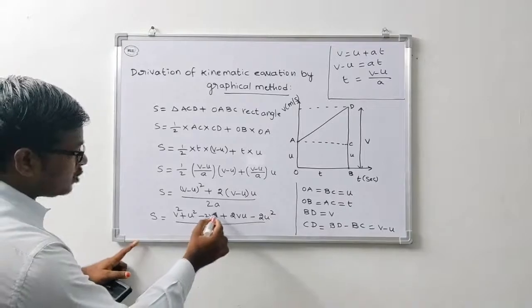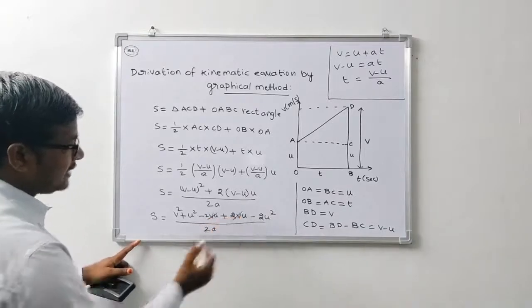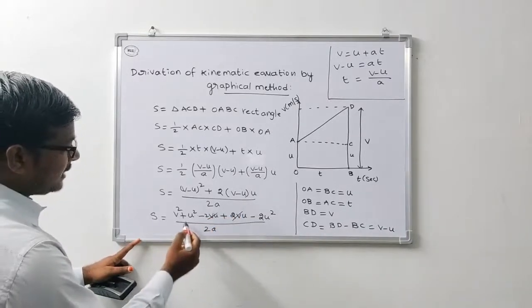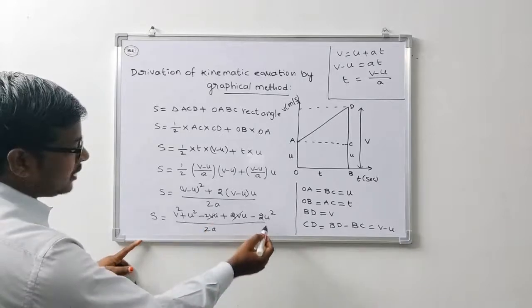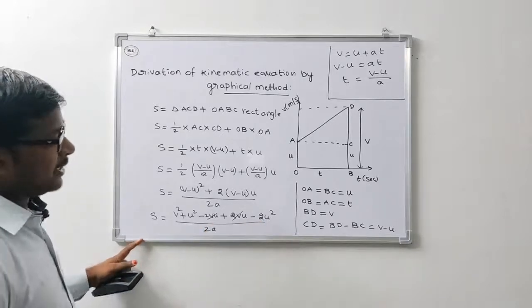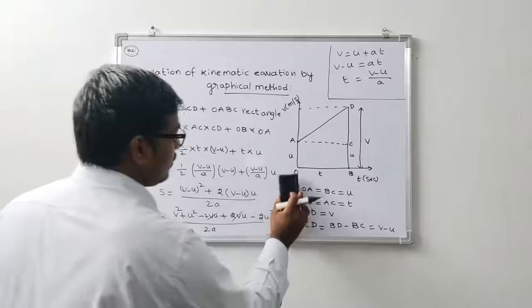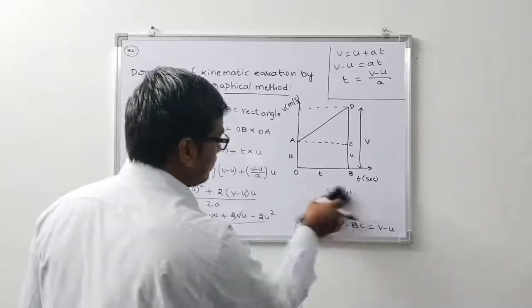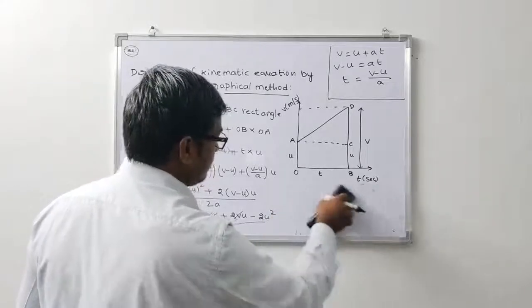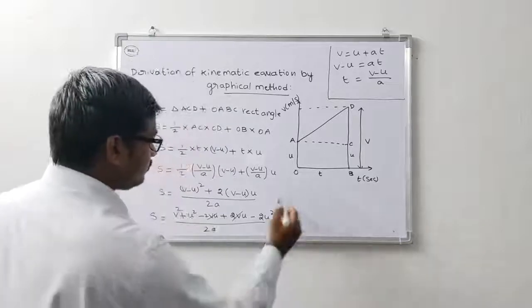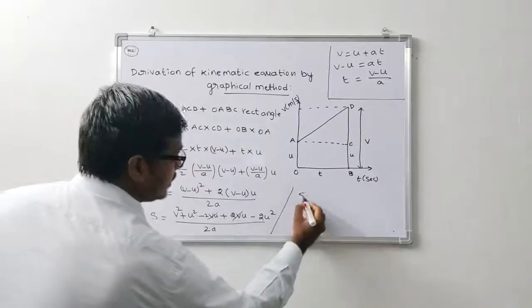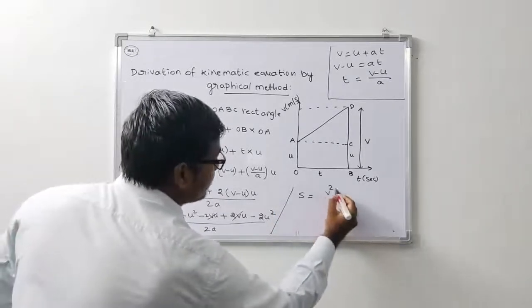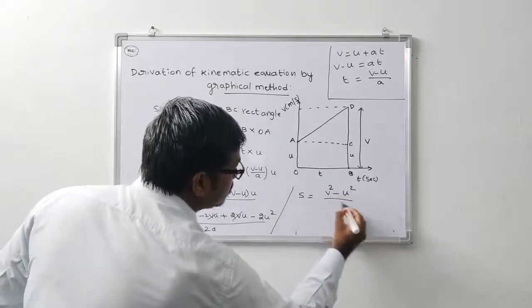Okay, minus 2VU plus 2VU cancel, V square plus U square minus 2U square, so S is equal to V square minus U square by 2A.